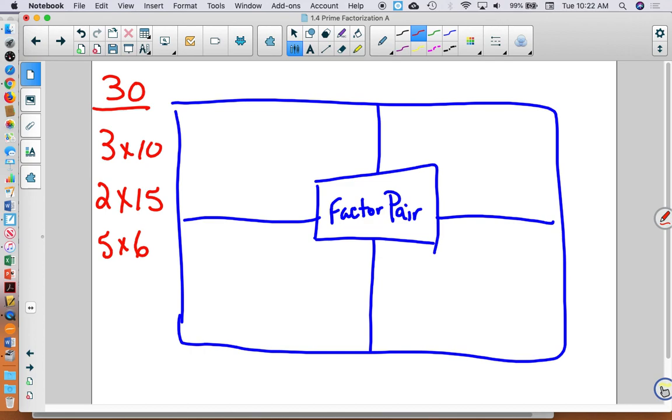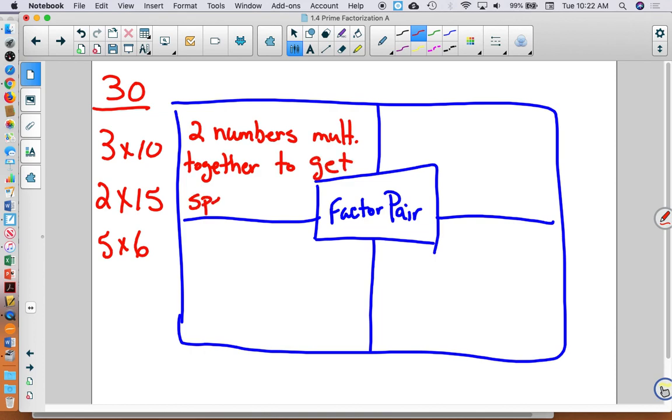So that sounds like a lot of technical words, right? So I have two numbers multiplied together to get a specific number.